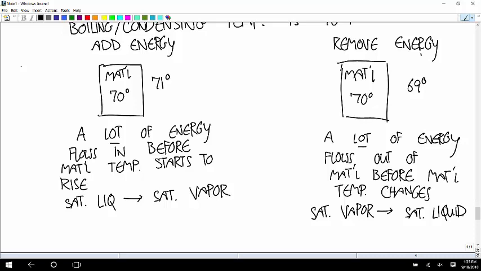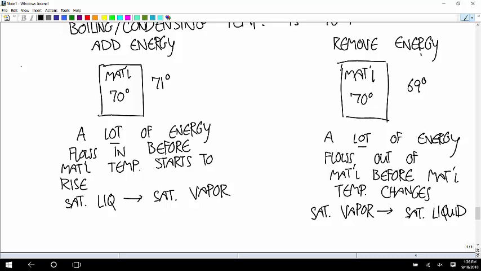Okay, so when you're trying to choose a refrigerant for an air conditioning system or something, your choices of refrigerant are based on your operating pressure and your operating temperatures. You're choosing a refrigerant that has its boiling and condensing point right in your operating range, so that when you want to remove a ton of energy from something, you can go from a vapor to a liquid.